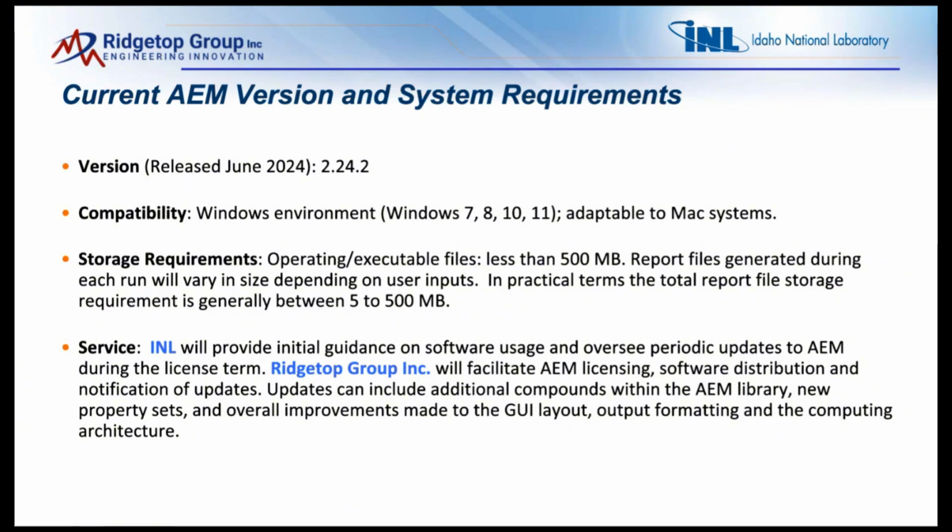And then the storage requirements are actually quite modest, generally less than 500 megabytes for the executable files. The report files that are generated for each run can vary in size depending on the user inputs. So in practical terms, a report file storage requirement is generally between 5 to 500 megabytes. Now, if you do optimization runs, those files per run can get bigger than that.